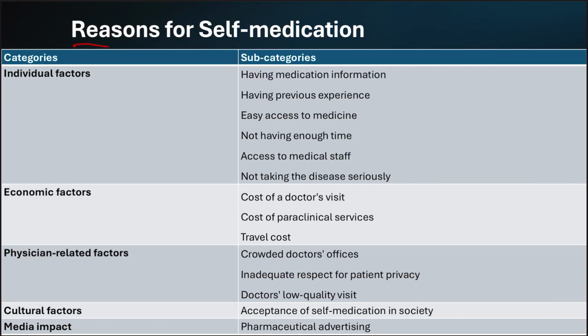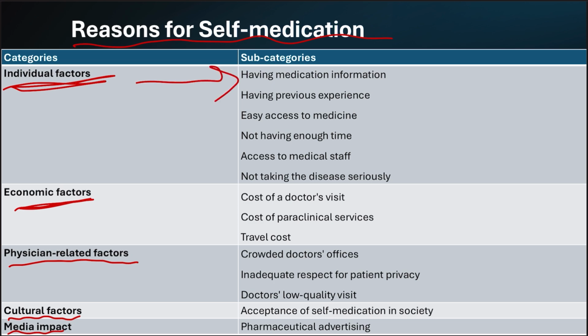Now coming to the reasons for self-medication. These can be under the following categories: individual factors, economic factors, physician-related factors, cultural factors, and the impact of media. Under individual factors, we have the following. If the individual has medication information, that is, he knows about the medicine, then there will be a tendency to self-medicate.